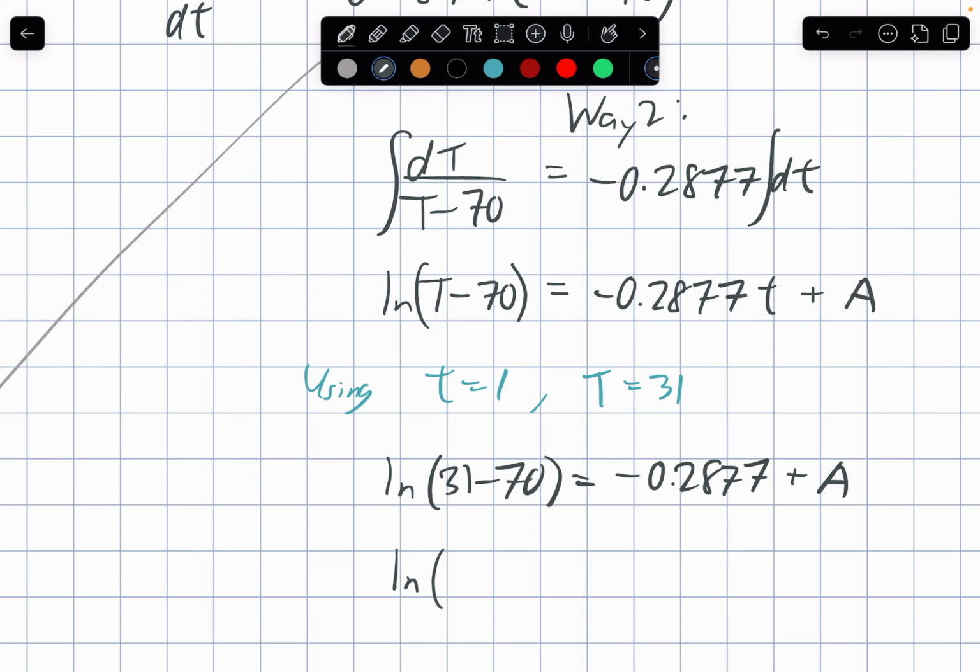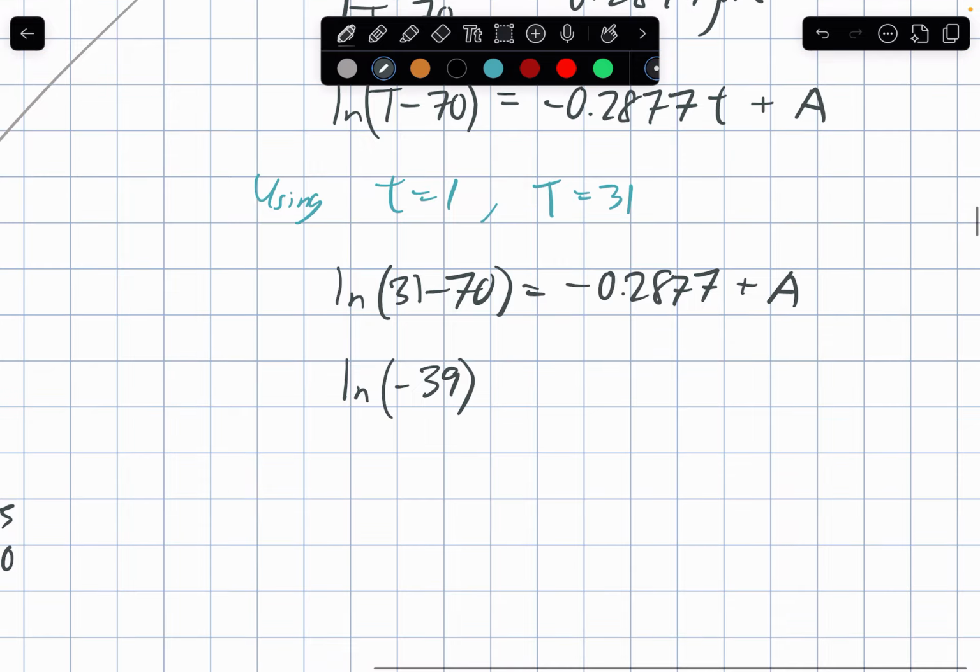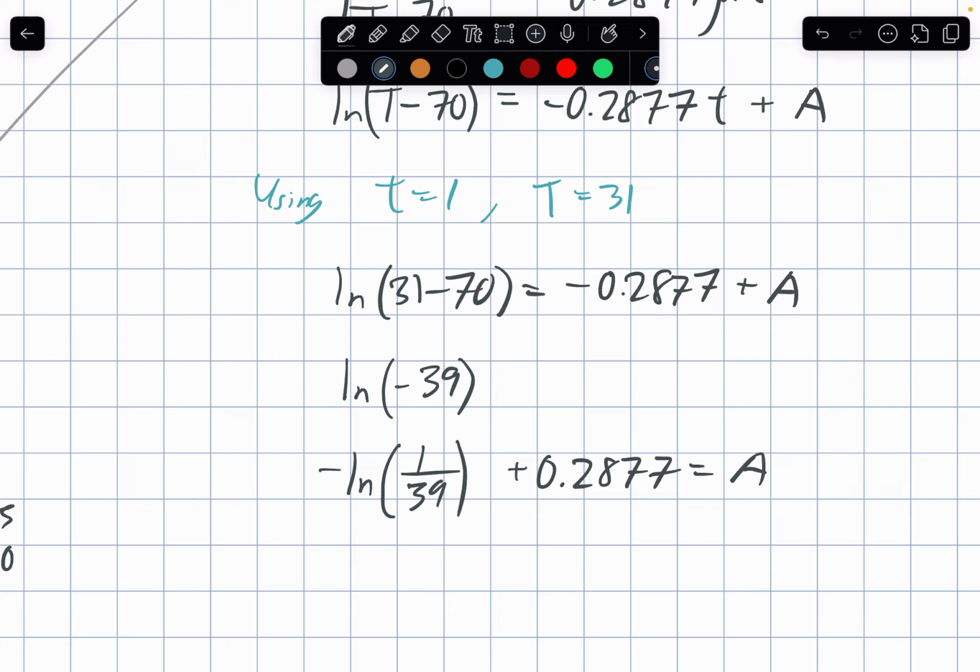What is 31 minus 70? Negative 39. We can rewrite this as negative ln 1 over 39. Okay. So plus 0.2877 equal to A. Input this in the calculator. Okay, so A is 3.95.